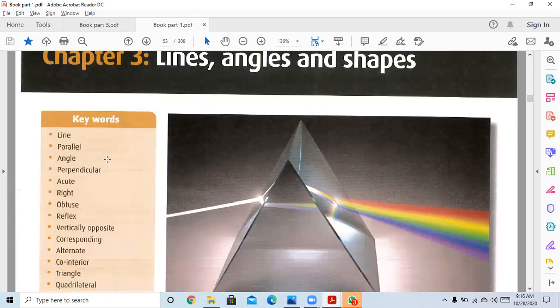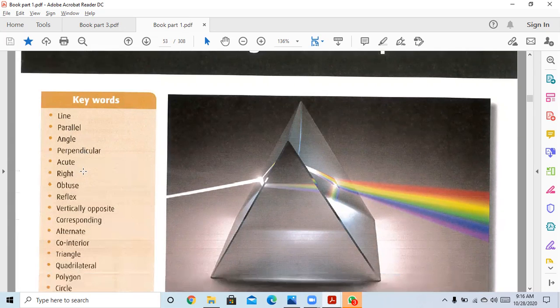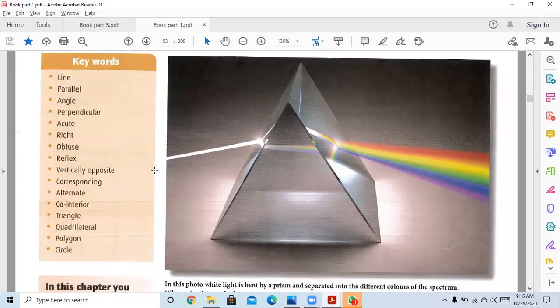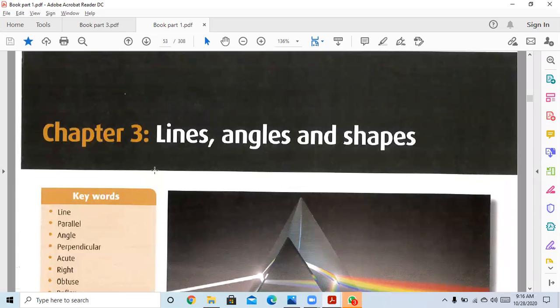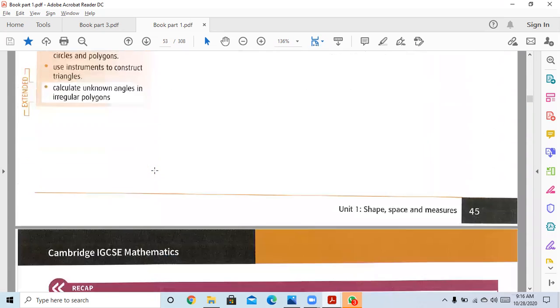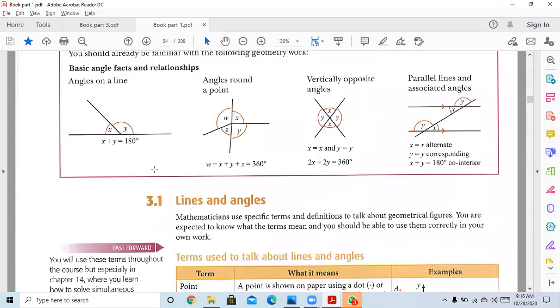In this chapter, we will learn line, parallel, angles, perpendicular, acute, right, obtuse, all these things that are given here. As you see from the name of the chapter, first we discuss all these things. Let's move to topic 1, line and angle.